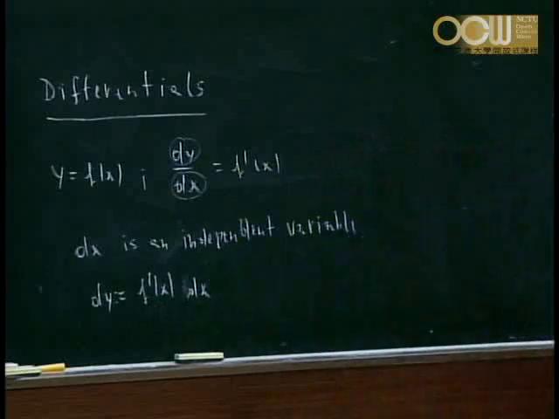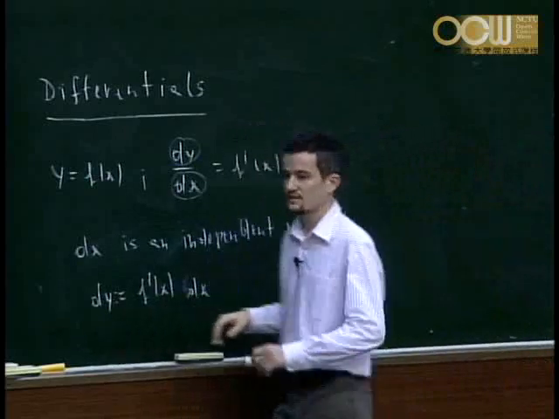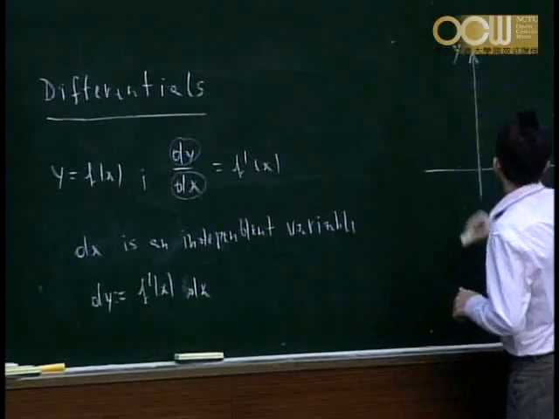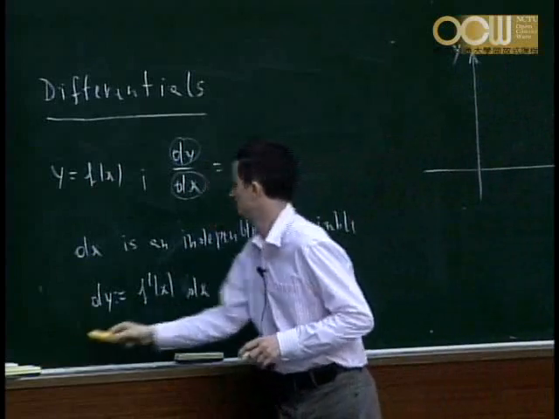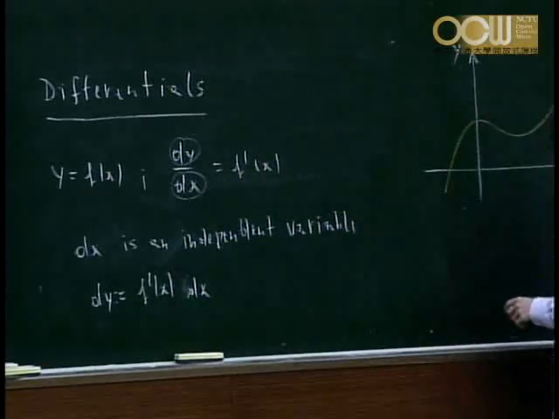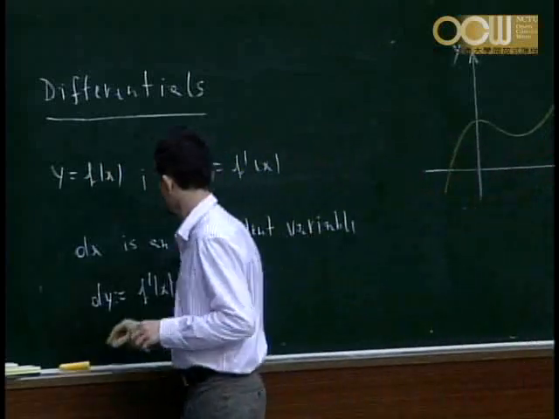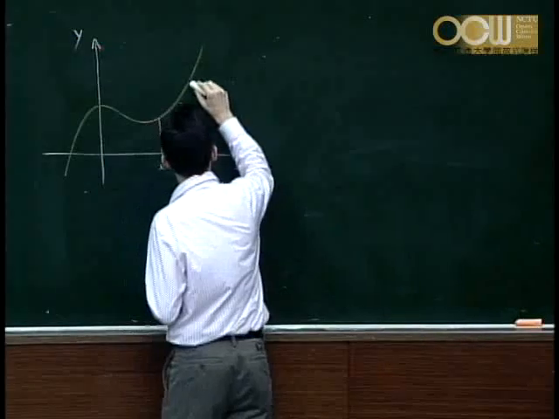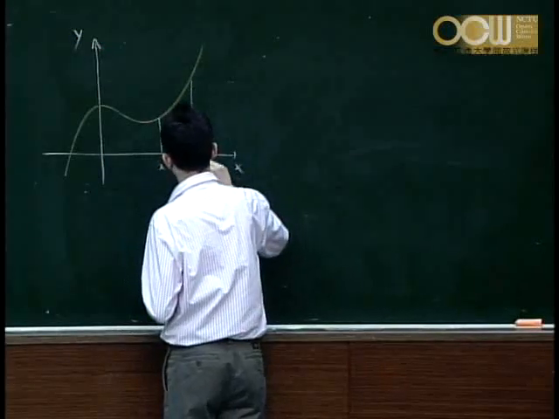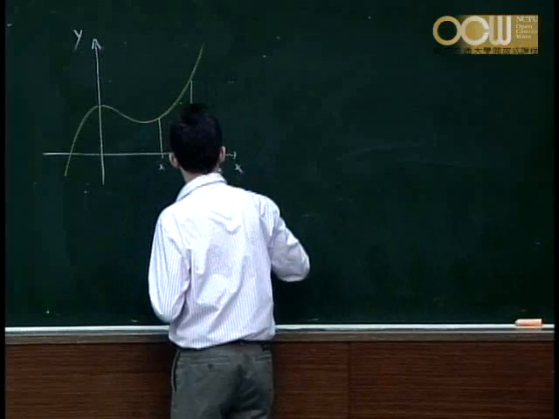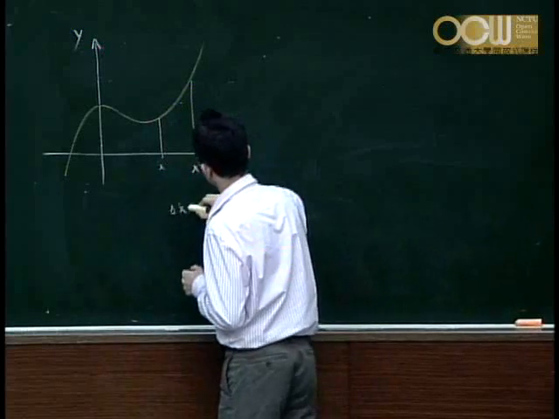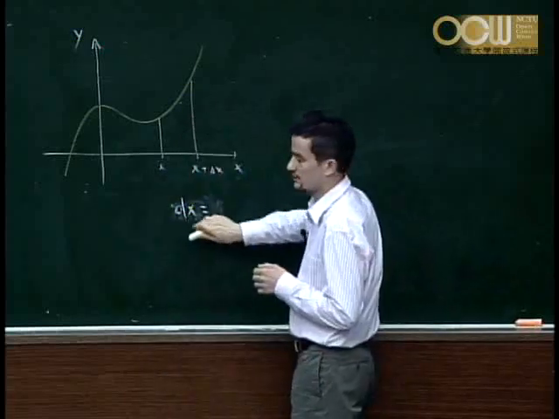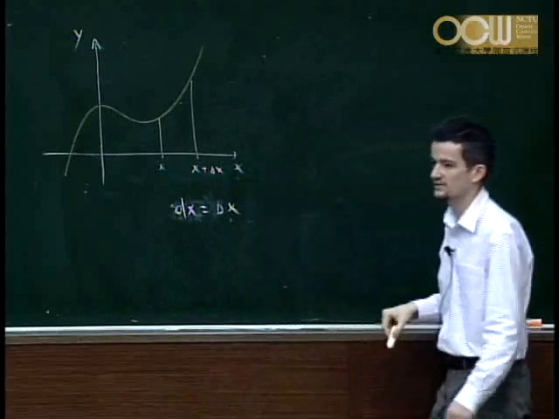And the interpretation of this dy is pretty clear. If this is our function, and we have at some point x here, and this is x plus delta x, and delta x is equal to dx, because dx is an independent variable, so for instance I can choose it equal to delta x.